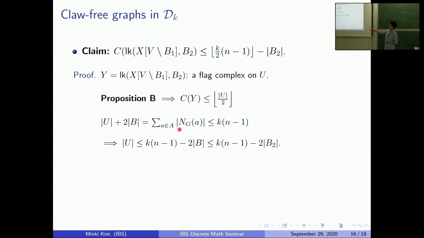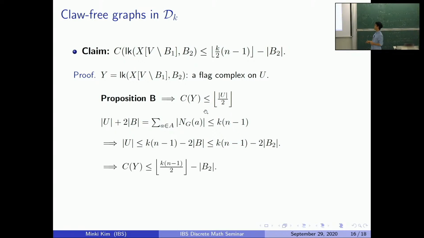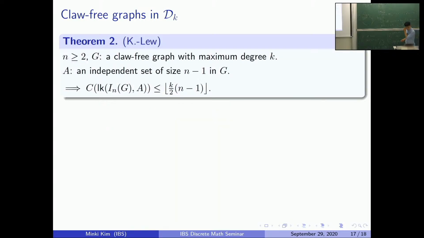So this is bounded by k times the size of A, which is n minus 1. Then U is bounded by this number, and together with this inequality, we obtain that Y, this link complex, is k times (n minus 1) over 2 minus size of B2 collapsible. So this completes the proof.